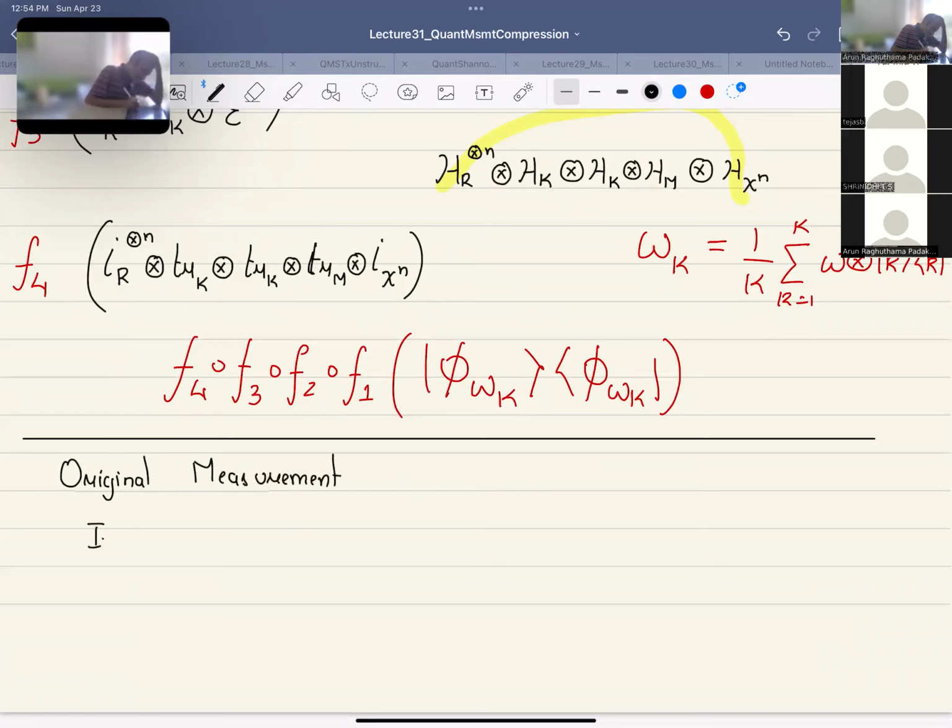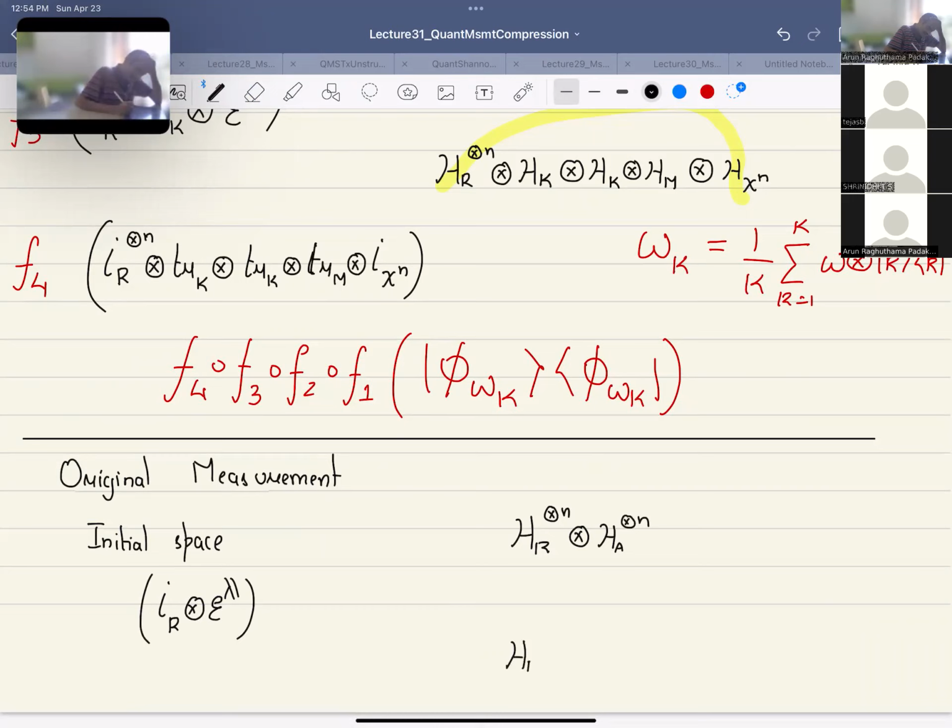So what is my initial space? Well, really there is no public coin. It's all very simple. I have the reference space, HR tensor n, and the particle space, HA tensor n. And I operate I_R tensor E big lambda.